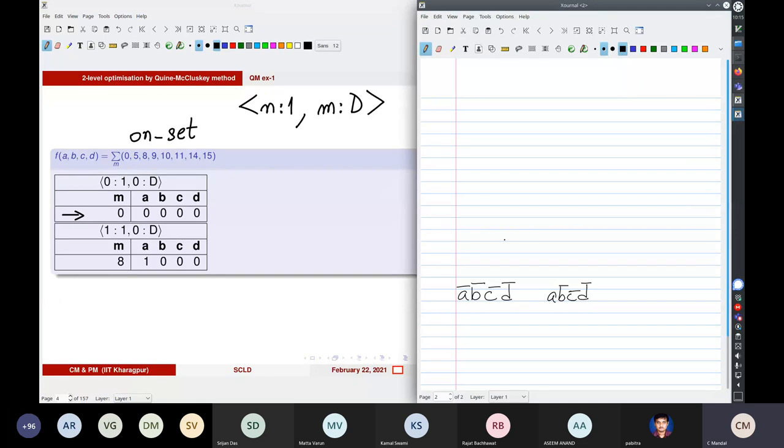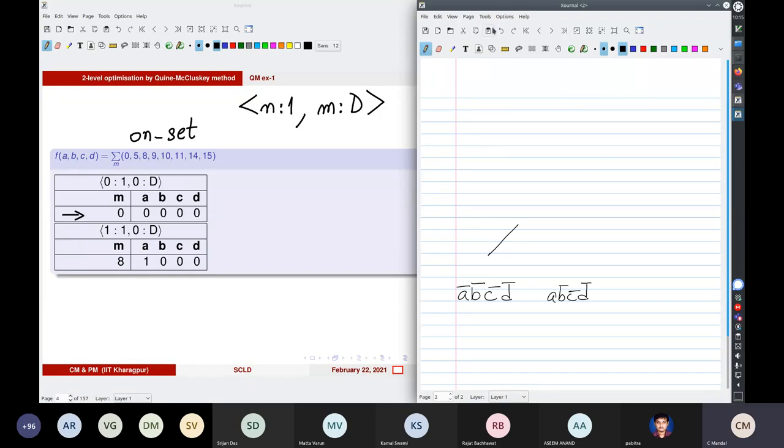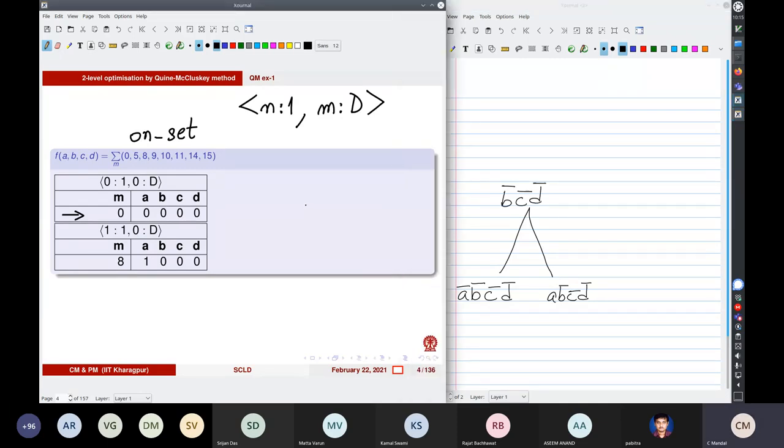So if you join these, what do you get? You would get b bar, c bar, d bar, right?